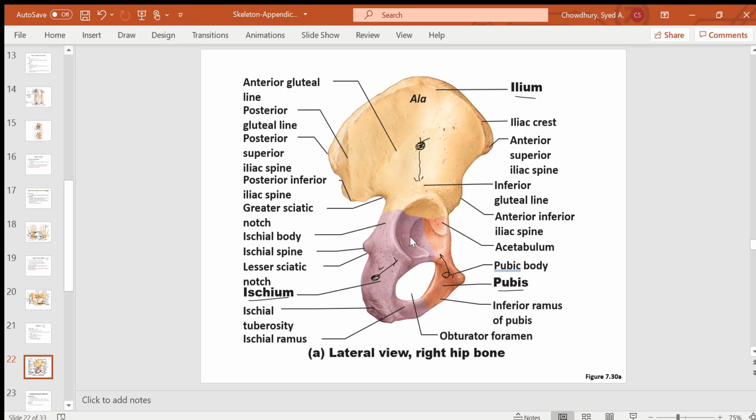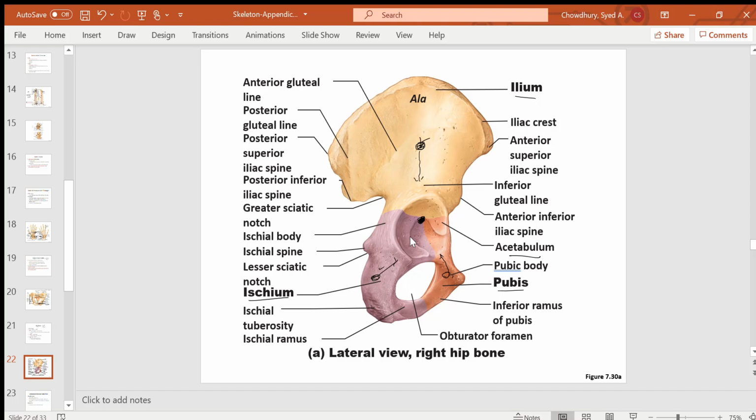The three parts gradually grow and meet finally inside the socket here, that is called the acetabulum. You see three colors, they join here. So three pieces grow separately and finally join inside the acetabulum.